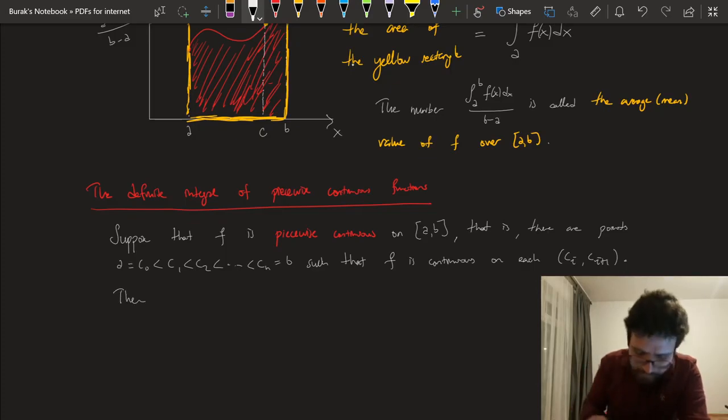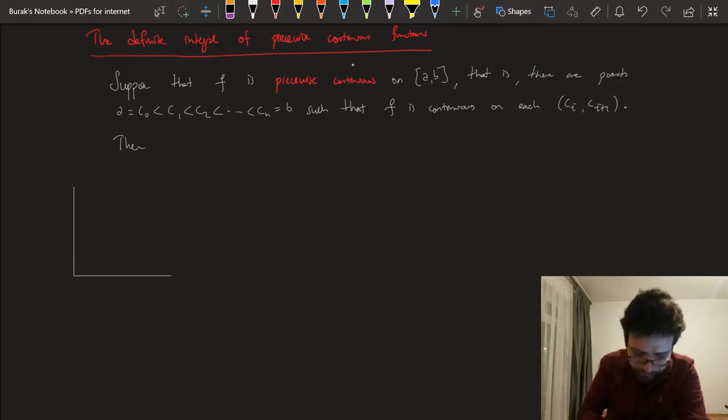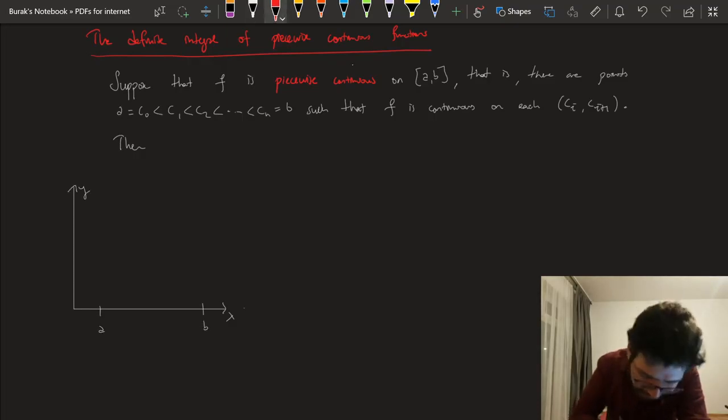Then what this means pictorially is this: piecewise continuous on an interval simply means that your function is not necessarily continuous, but you can split your interval into subintervals so that on each of these intervals, if you just restrict your attention to them, you get something continuous.